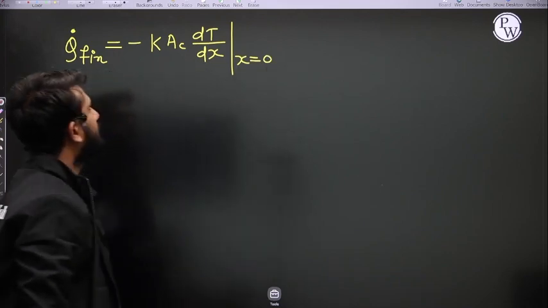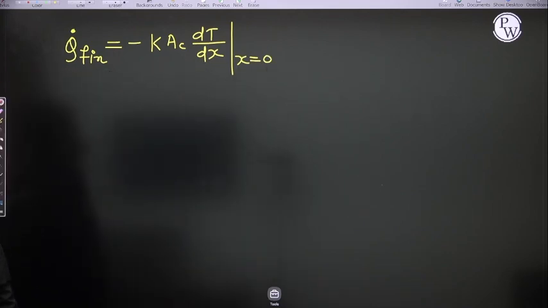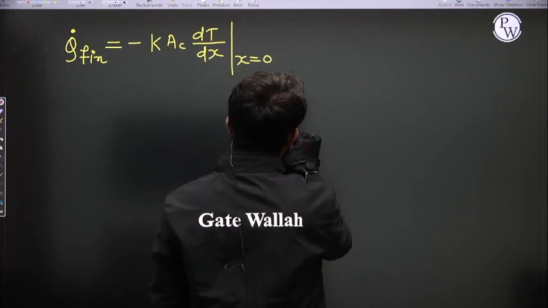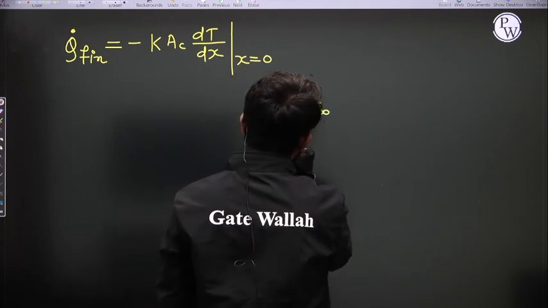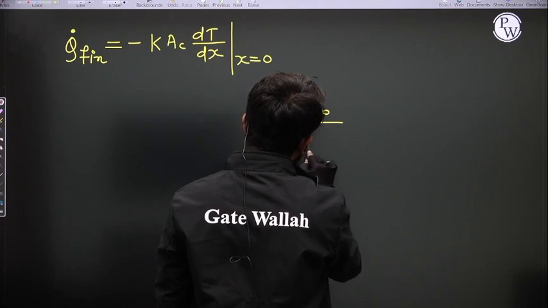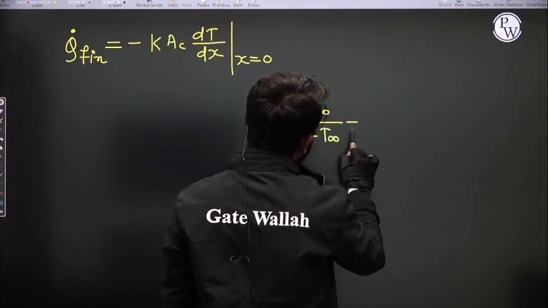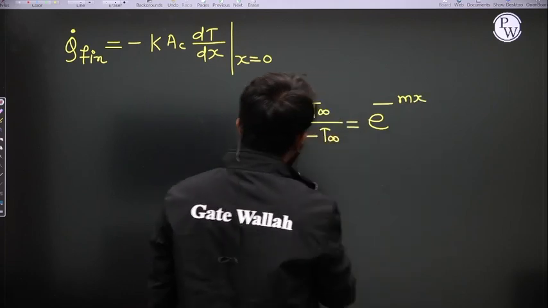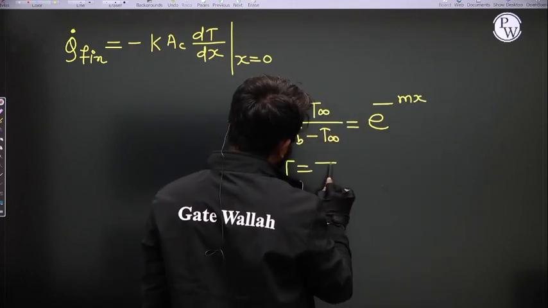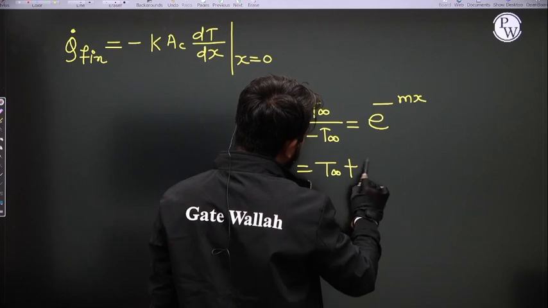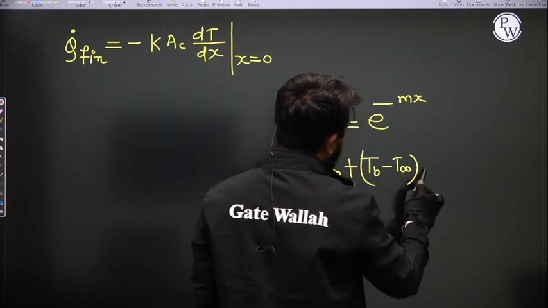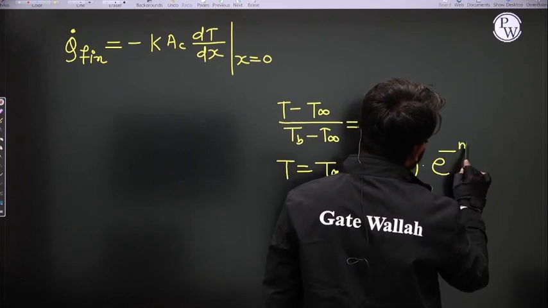At x equal to 0, minus k Ac dT by dx at x equal to 0. Now, we already know that (T minus T infinity) upon (Tb minus T infinity) is equal to e to the power minus mx. So T is equal to T infinity plus (Tb minus T infinity) e to the power minus mx.